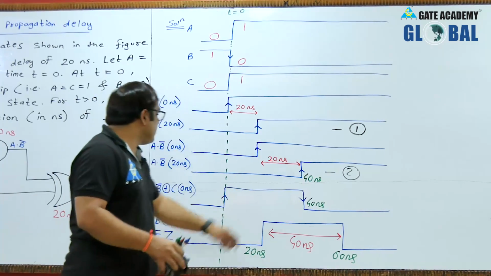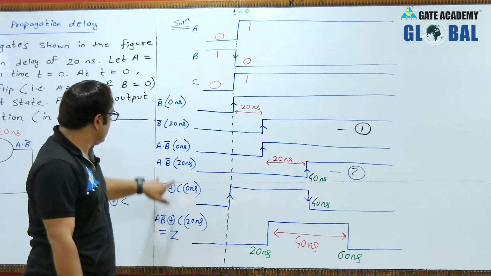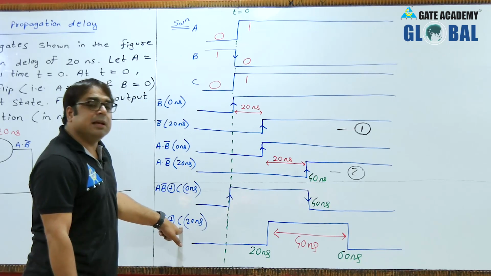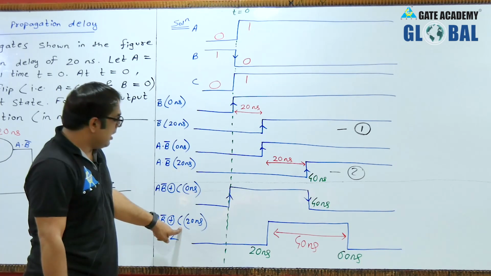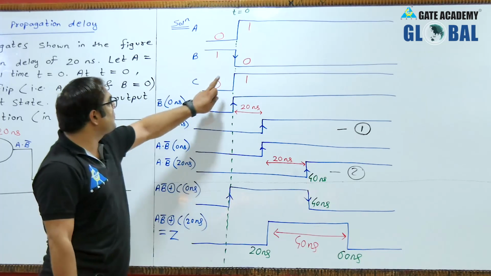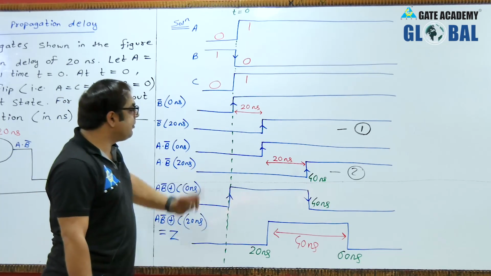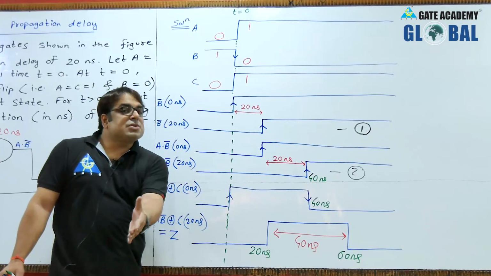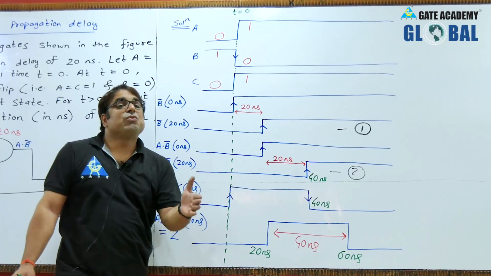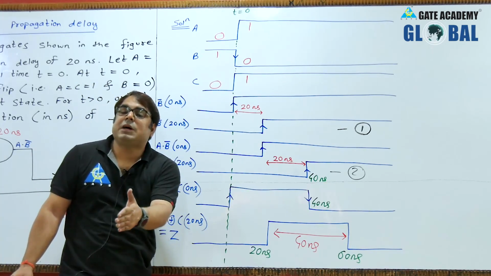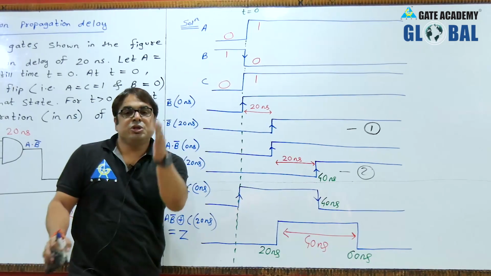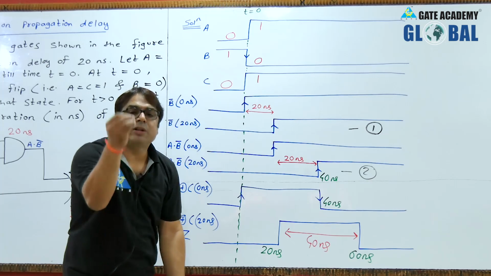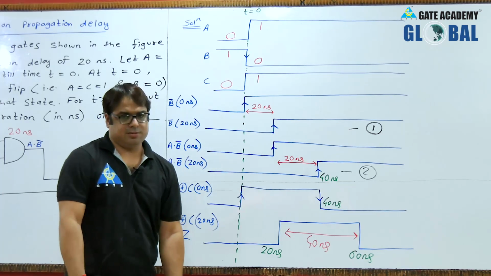Okay. So now see what is happening. A dot B complement and C, I want the XOR operation. I want the XOR operation of C and A dot B complement. What is being asked in the question is, for how much duration XOR output will be 1. You should be very clear in your mind, XOR output is 1 only when the inputs are unequal.